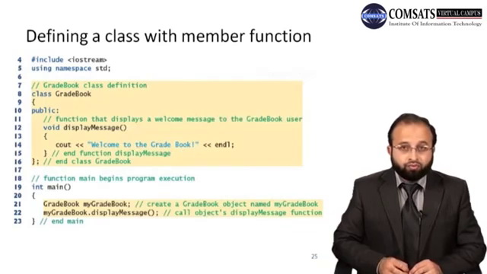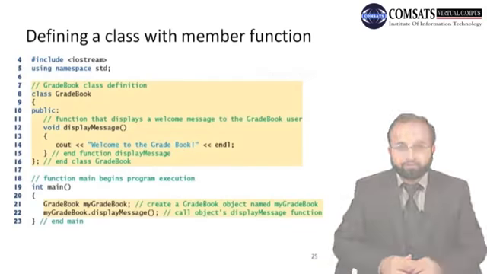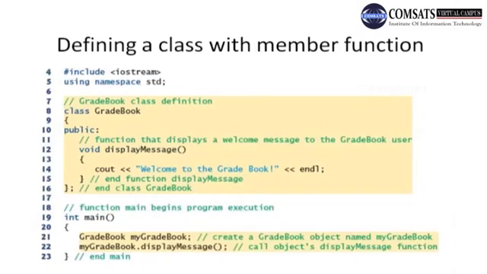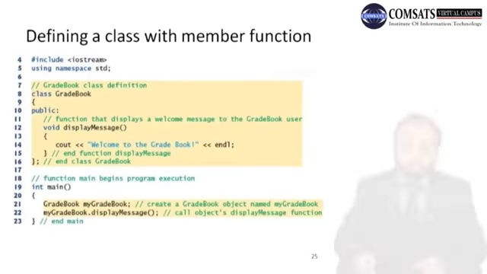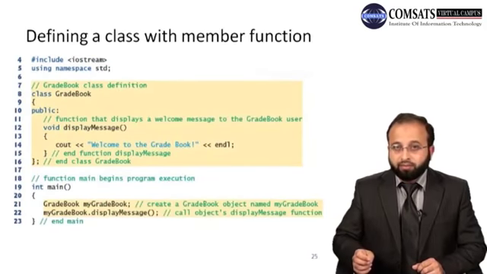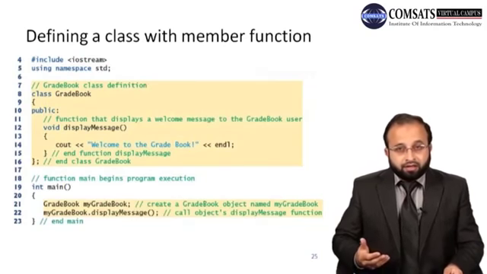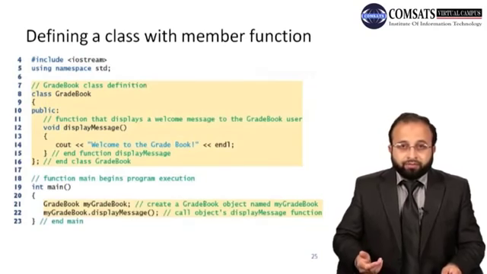Now what is this cout for? This is basically the same as the printf function. So cout is basically the output function, as we have seen in the previous course that printf is the output function in the C programming language, and cout is the output function for the C++ programming language.